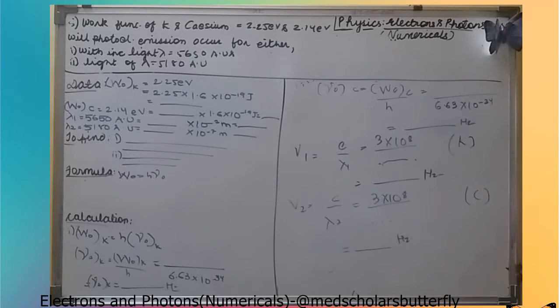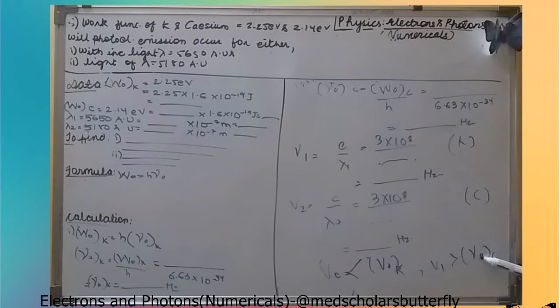Compare the values. You will get that nu 1 is lesser than nu 0 of potassium. That means there is no photoelectric emission for potassium when wavelength 1 is incident on it, but for cesium it will come as nu 1 is greater than nu 0 of cesium.